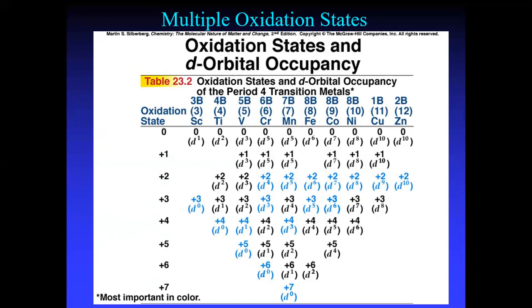Many elements exhibit more than one oxidation state, which differ from each other in value. The most common oxidation states for each element include +2, +3, or both, with +3 relatively more common at the beginning of the series. So you can see +2 is more common. Most of the elements exhibit the +2 oxidation state.